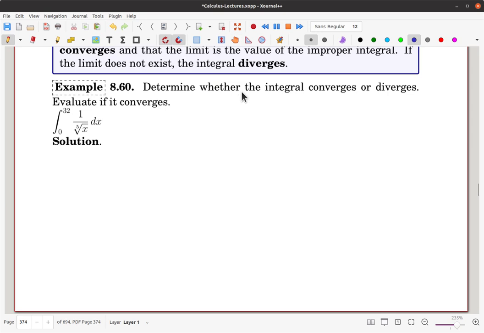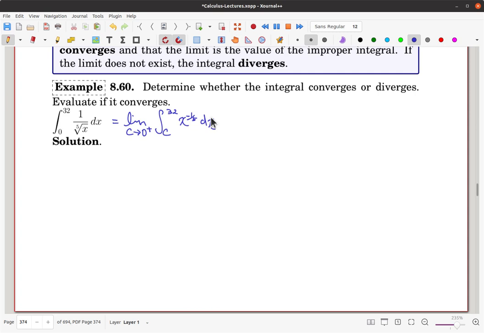Determine whether the integral converges or diverges. Evaluate if it converges. Okay. Now, as x approaches 0, this integrand blows up, so for this integral, we have to write it this way: limit as C approaches 0 from the right side, and then the integral from C to 32 of x to the minus 1 over 5 power, dx.